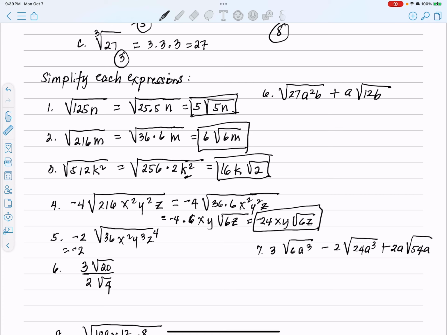I could pull out the square root of 36. That is 6. I could take that out. Square root of x squared is x. How about y cubed? I could factor y cubed into y squared and y. I'm going to show why it happened that way.